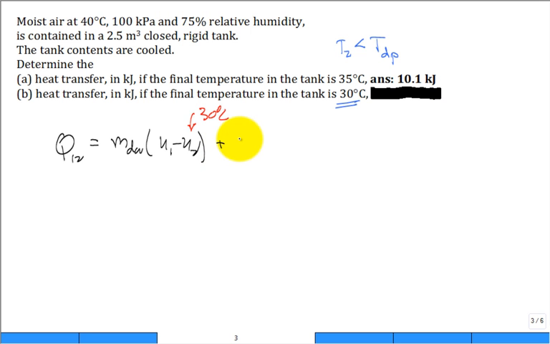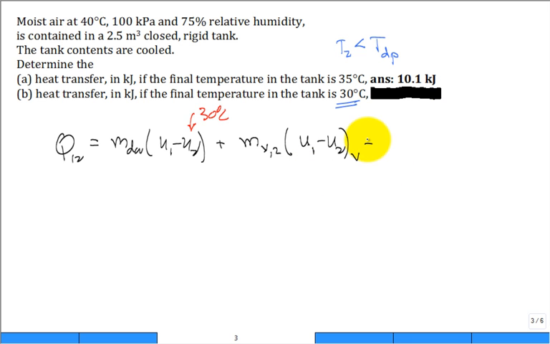Then you're going to have the mass of the vapor that stays vapor, the mass that is vapor at the end of the process, at state 2. We're going to have to work to get that. And that is going to be U1 minus U2, all vapor.